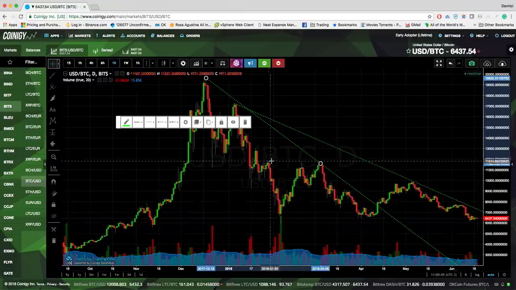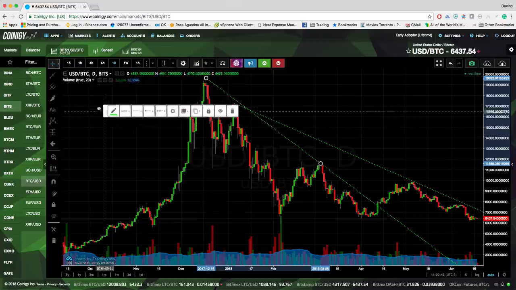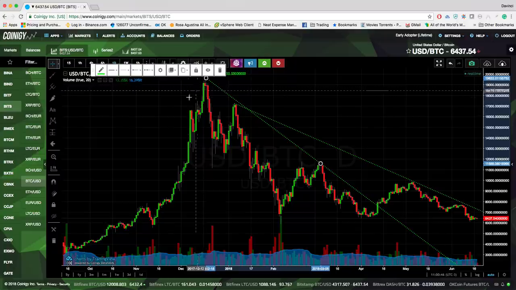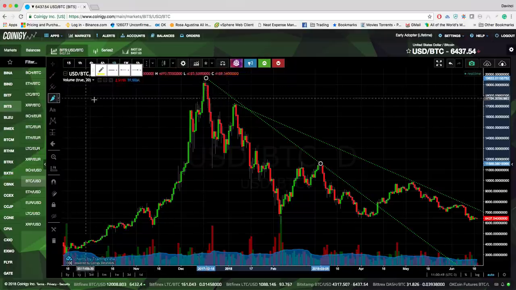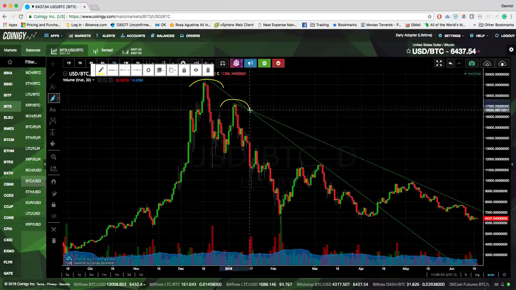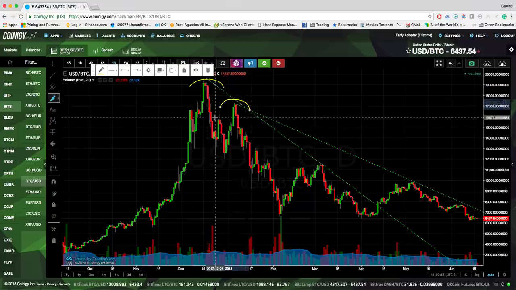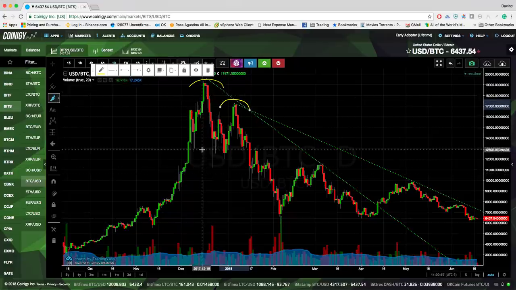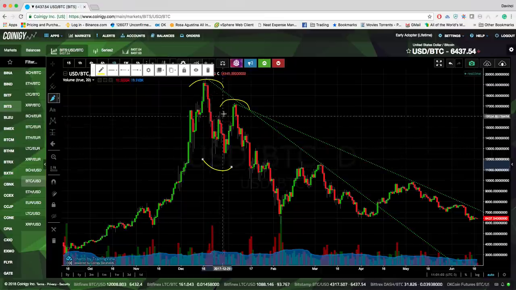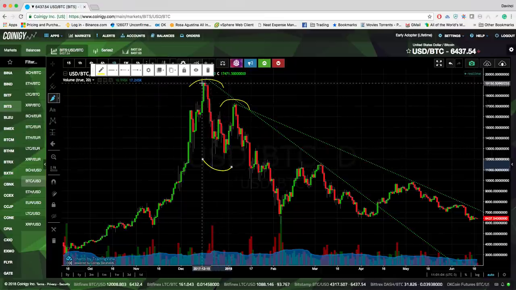But overall, there's another thing you can see that points to Bitcoin going down, which is what's called lower highs. Basically, Bitcoin goes down right here, comes back up, but doesn't go higher than this high.